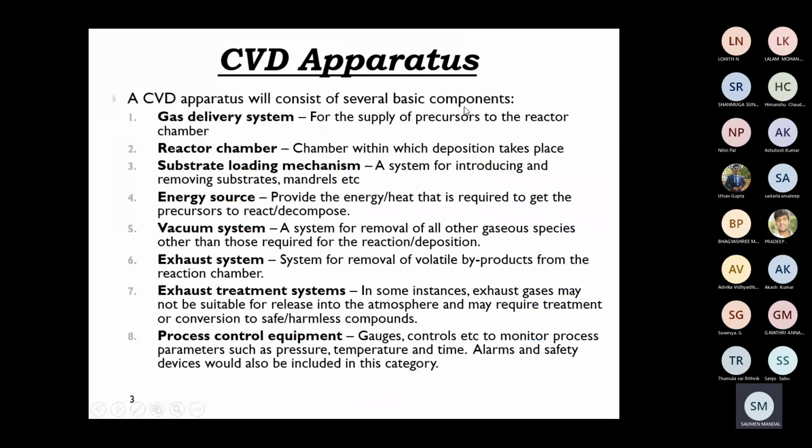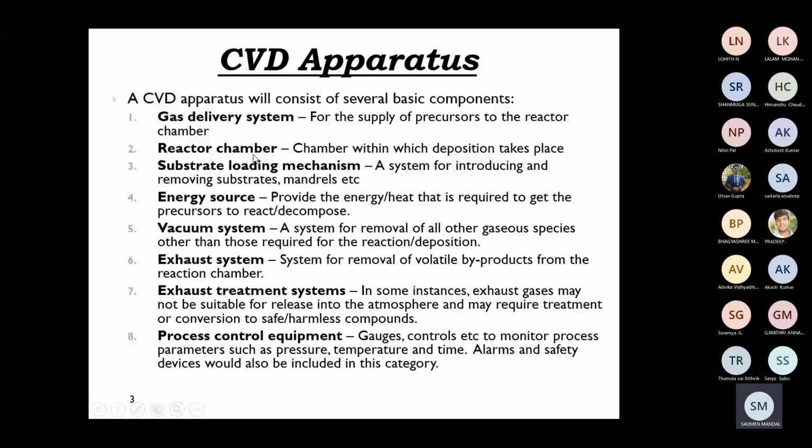So the CVD apparatus we can divide into several parts, like gas delivery systems. What gas? The inlet gas needs to be delivered, and sometimes some carrier gas will also be required. Then the reactor chamber, the chamber within which the deposition takes place.